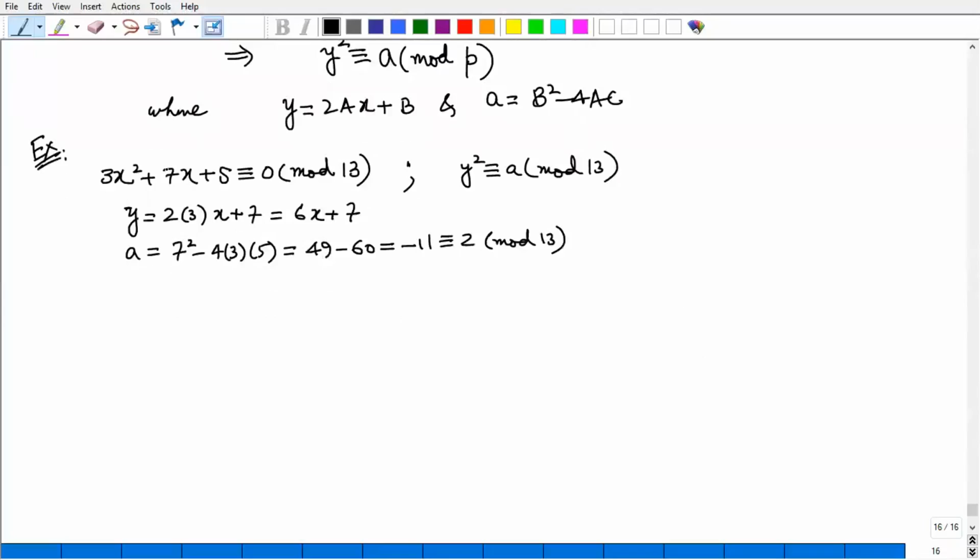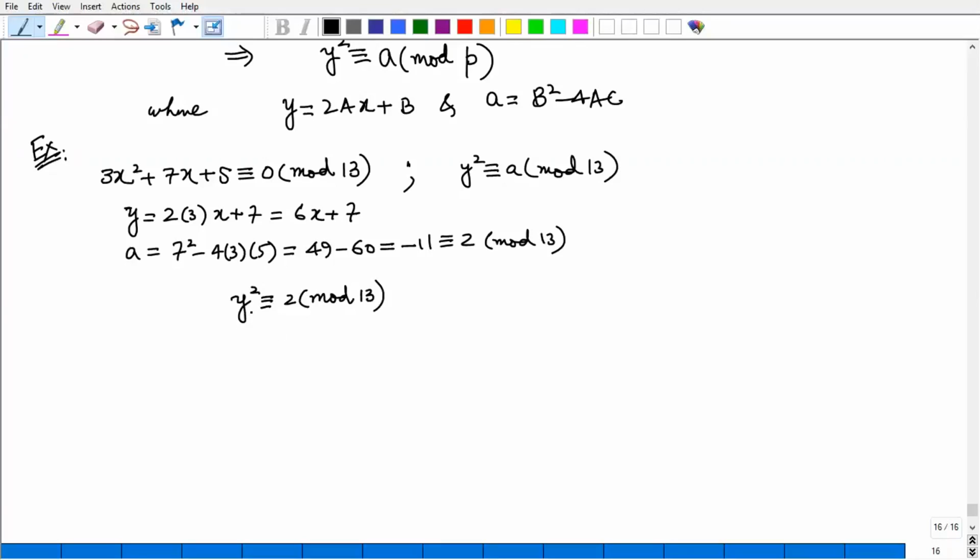In that case, your quadratic congruence becomes y square congruent to 2 modulo 13.